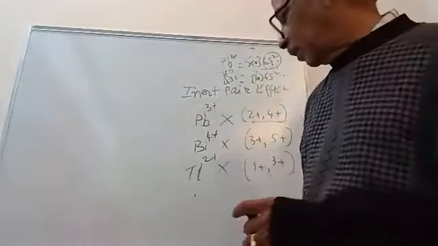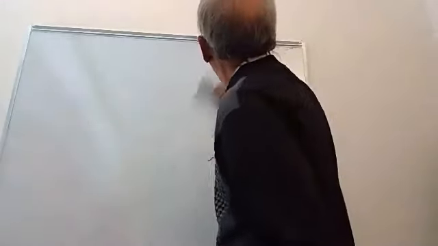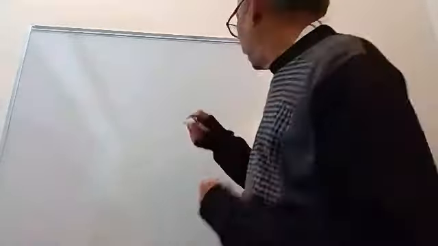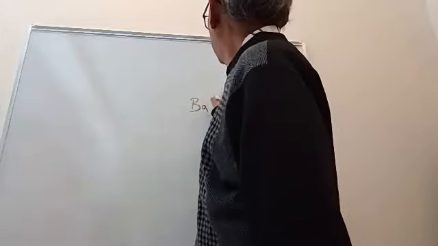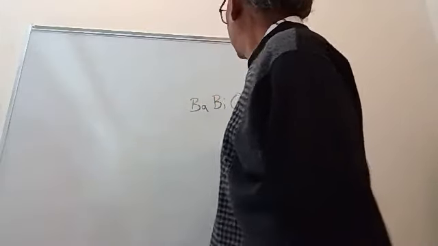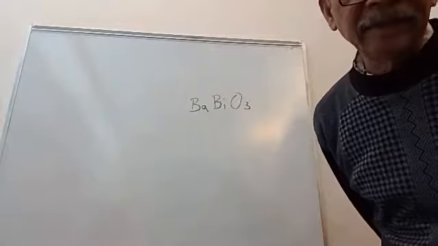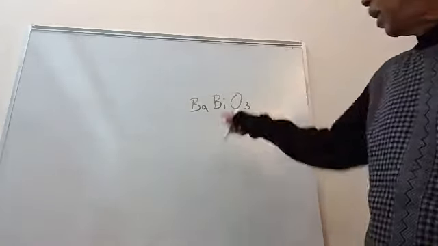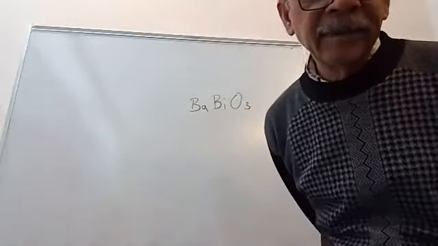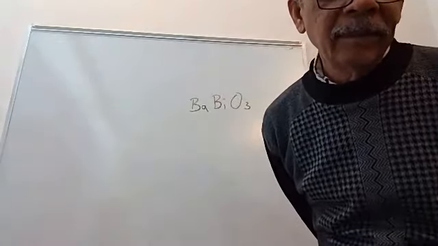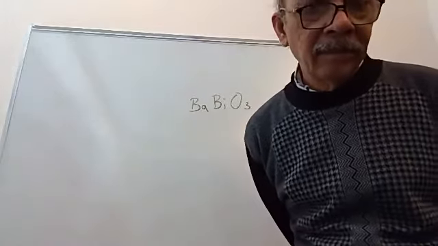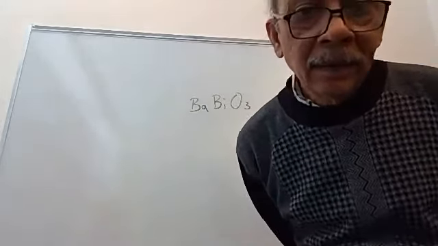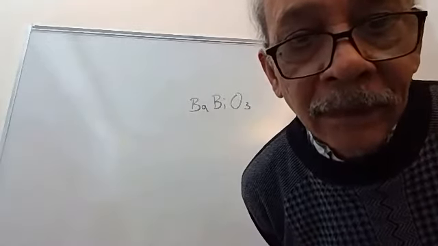I'll tell you, maybe in 1973, somebody reported a compound called barium bismuth oxide, BaBiO3. This is a true compound, a real compound. So what should be the oxidation state of bismuth here? 4 plus, right?